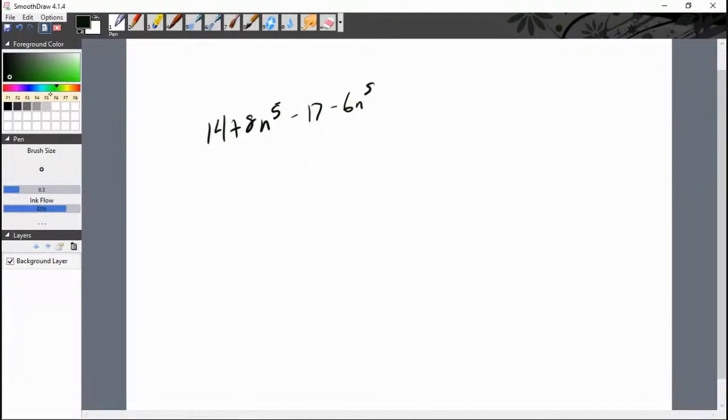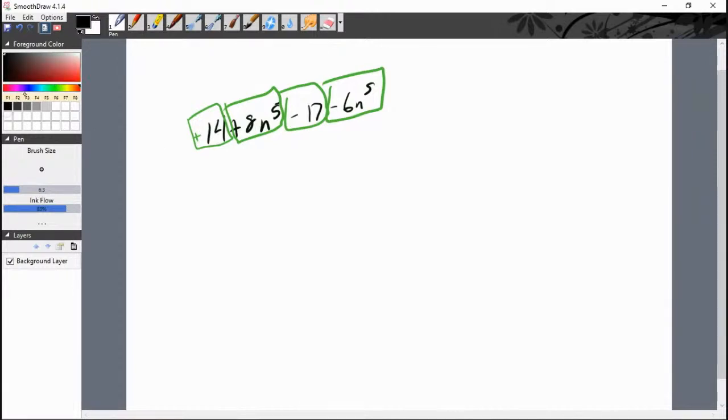Now, I want you to be able to separate these numbers. This doesn't have a sign, but we know it's a positive 14. We have a positive 8n to the 5th power. We have a negative 17 and a negative 6n to the 5th power. These are the numbers.